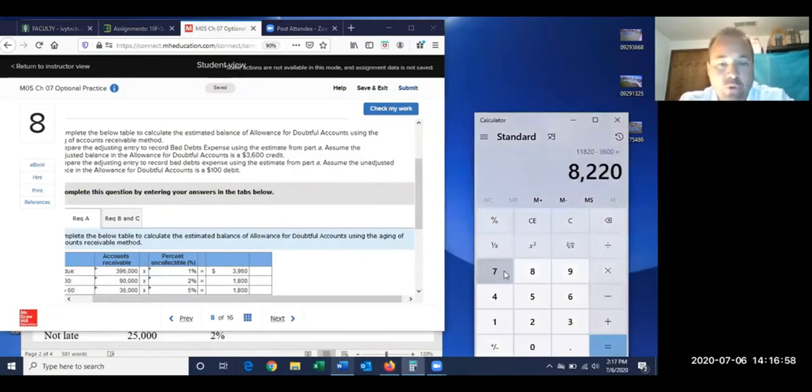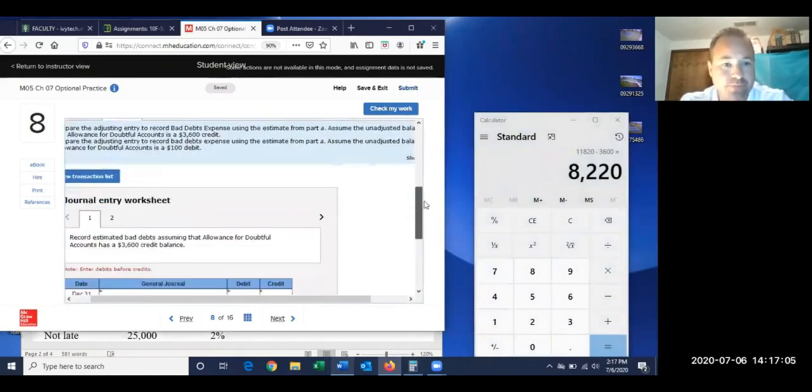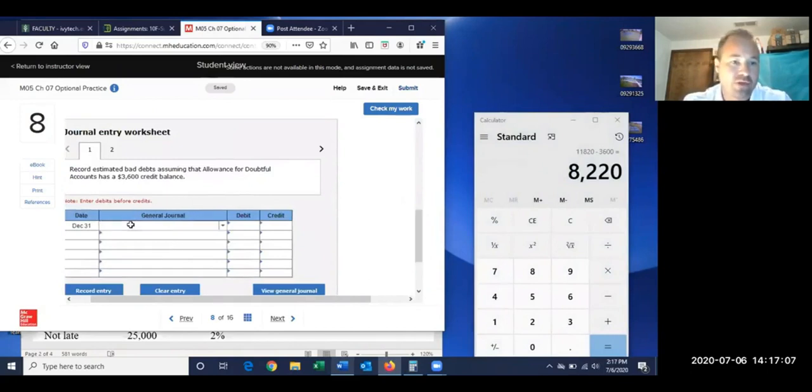So we need to tack on an additional $8,220. That's going to be our journal entry here: we debit bad debt expense for 8,220 and credit the allowance for doubtful accounts for 8,220. And that's simply all we've got to do for that first part.